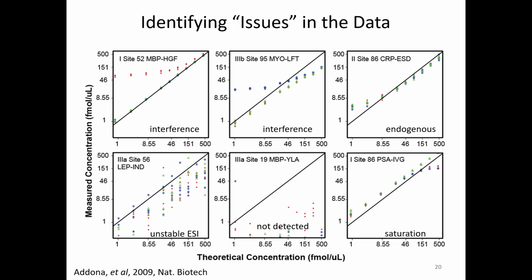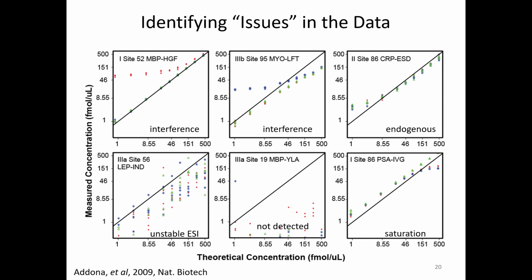If there's just one and the rest fall on the line, that's usually an indication of one transition interference. If all 3 of them start stripping away from the line and it's a non-zero signal, like there's actually a peak there, that's usually indicating there's endogenous peptide in your sample, and that will not serve as a good blank. So you might want to look at some kind of alternate blank.